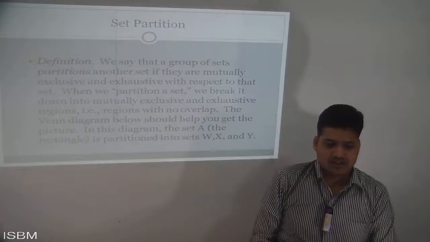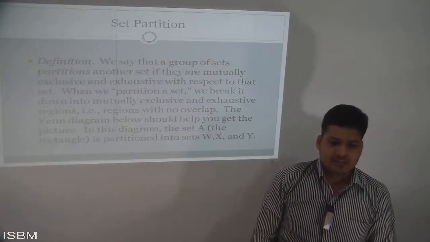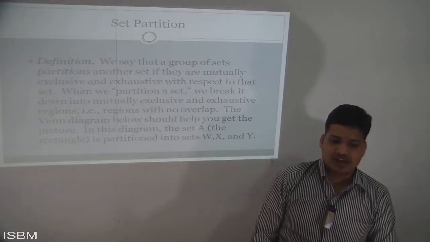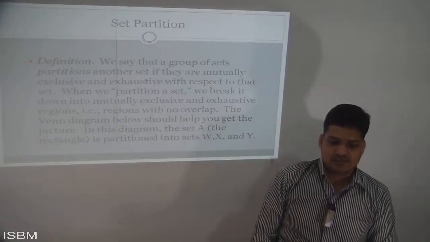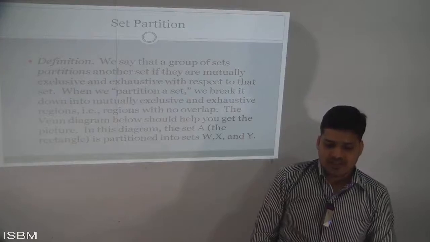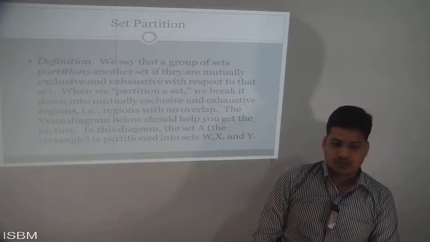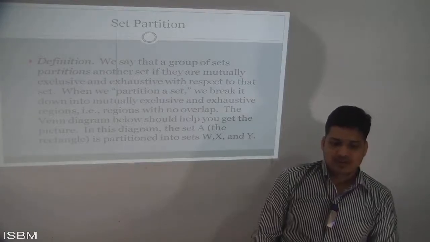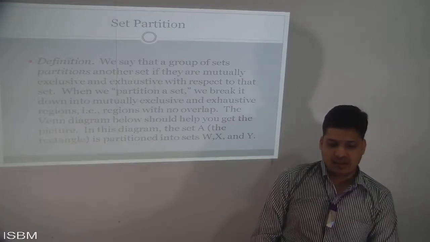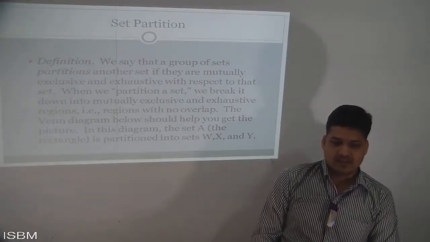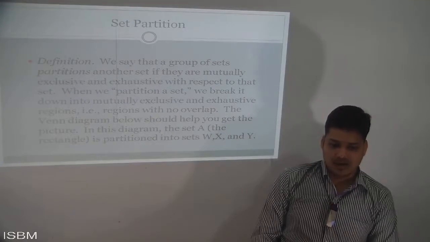Then the set partition definition. We say that a group of sets partitions another set if they are mutually exclusive and exhaustive with respect to the set. When we partition a set, we break it down into mutually exclusive and exhaustive regions, that is, regions with no overlap.